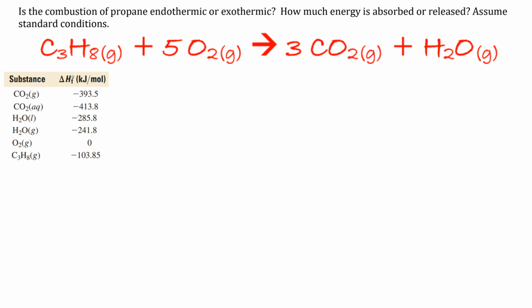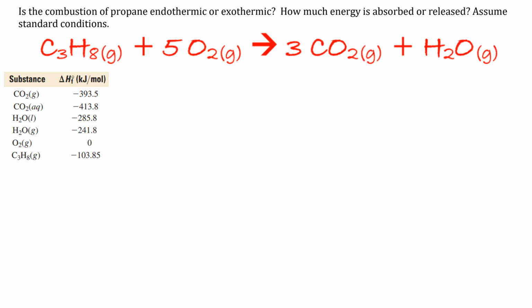Is the combustion of propane endothermic or exothermic? How much energy is absorbed or released? Assume standard conditions. So that means that we can use our delta H with the degree sign on top for these.